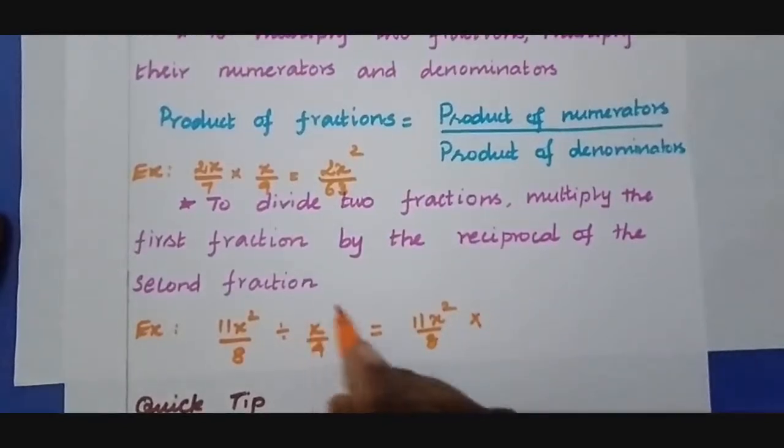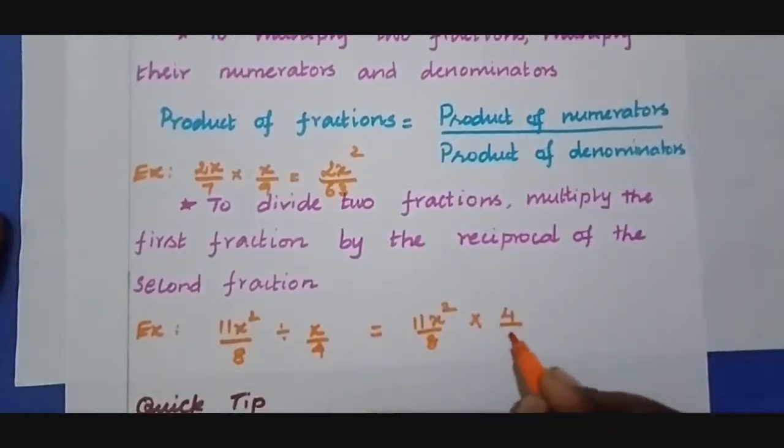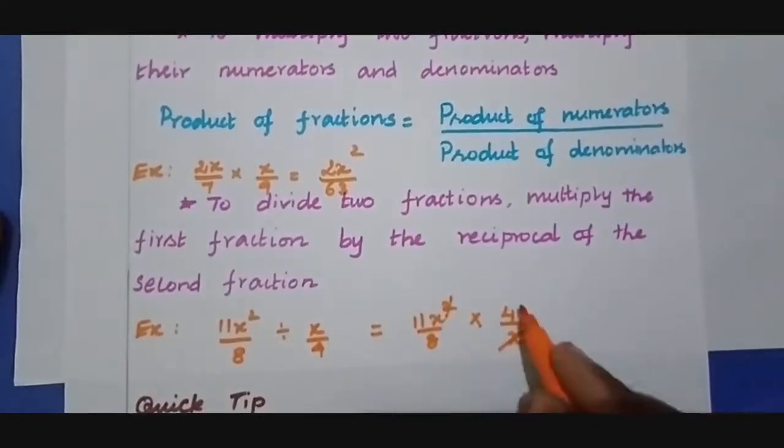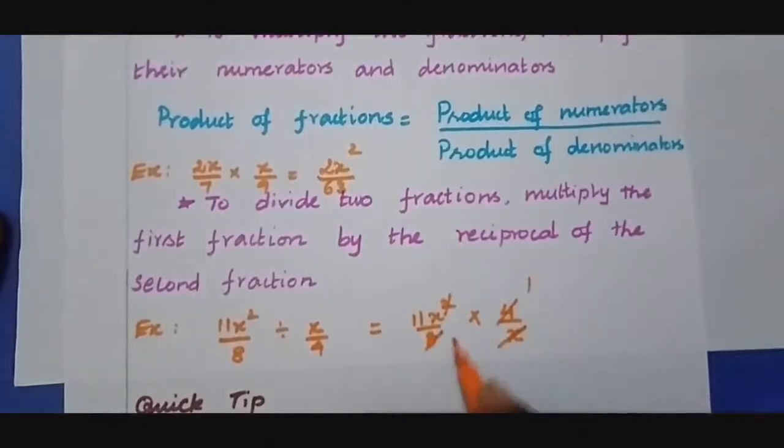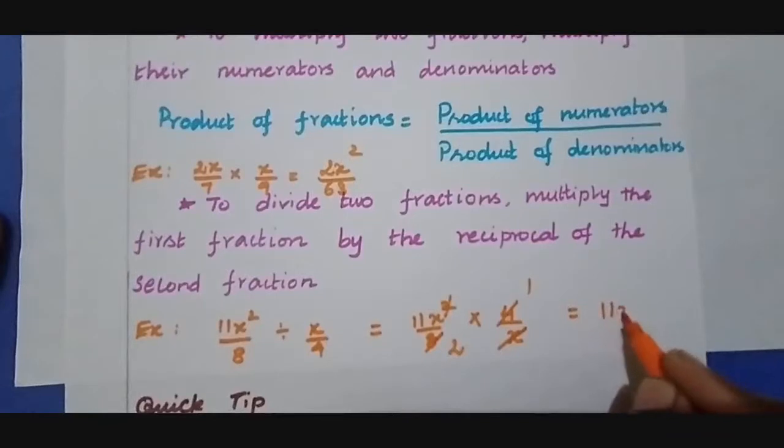So what's the reciprocal of the second fraction? Reciprocal of x by 4 is equal to 4 by x. Now we can simplify this one. You can cancel this x with this x, and 1 4 is 4, 2 4s are 8. So in the numerator, 11x into 1 is 11x divided by 2.